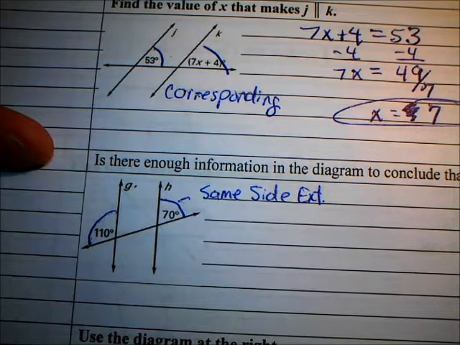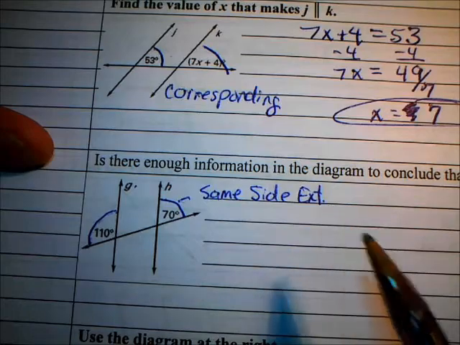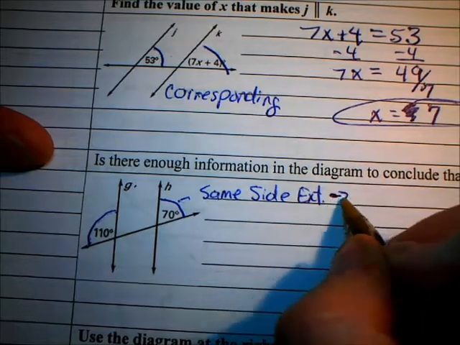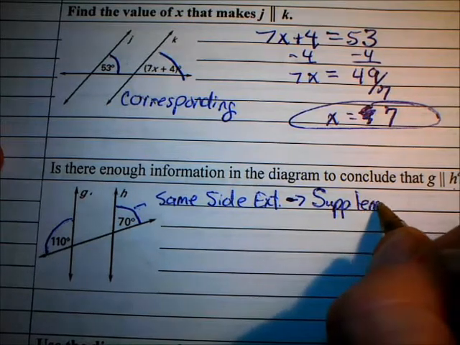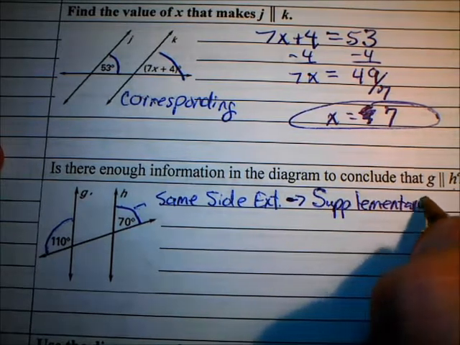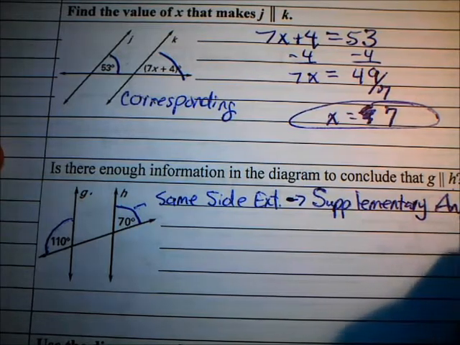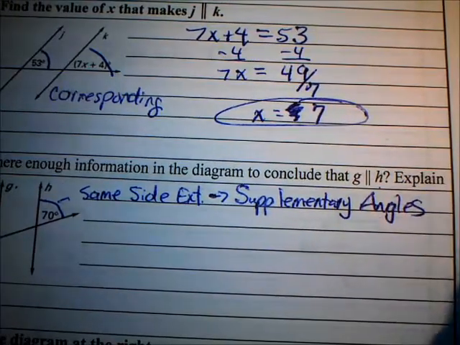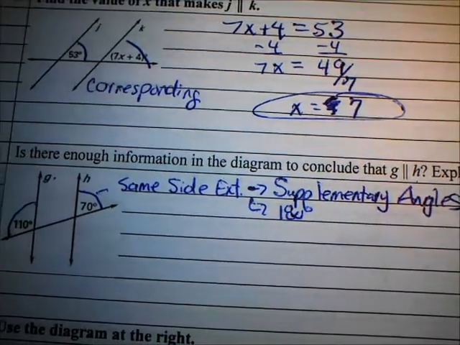I need to know that same side exterior angles are similar to same side interior in the fact that same side exterior are supplementary angles, and therefore they will add to 180 degrees.